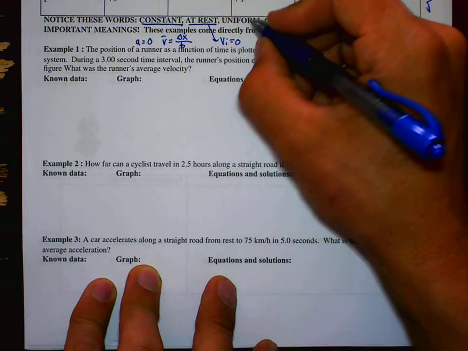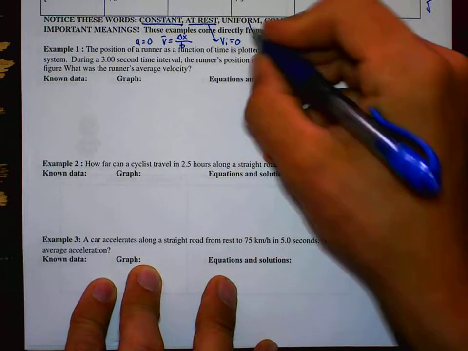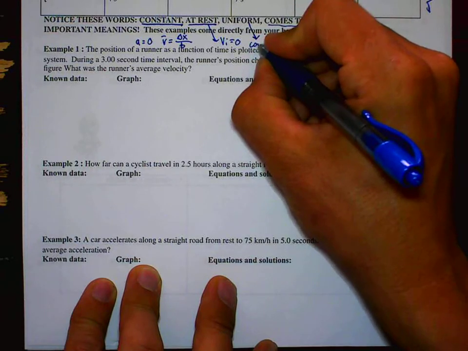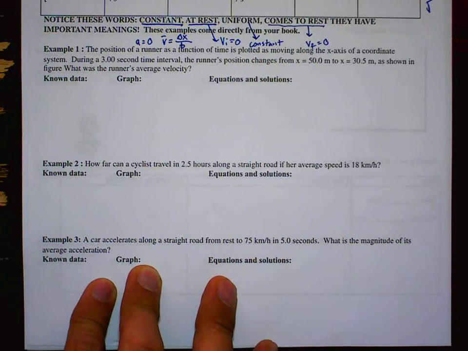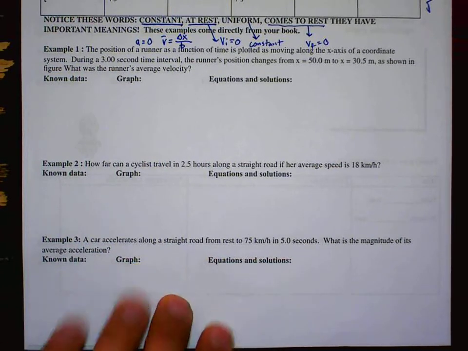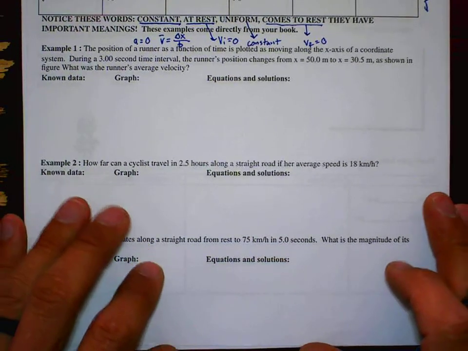Okay, uniform, that's usually used with acceleration. Uniform just means constant. So just notice that in these problems, and that'll help you out.